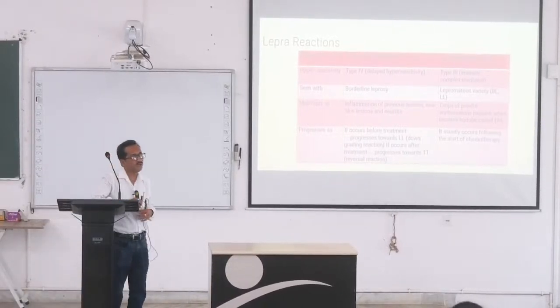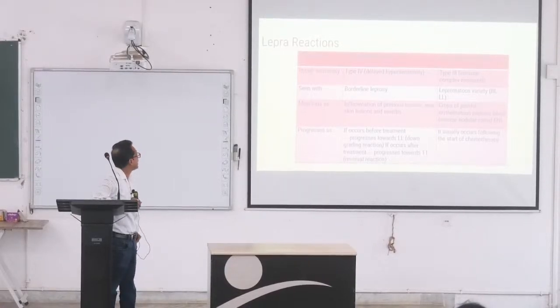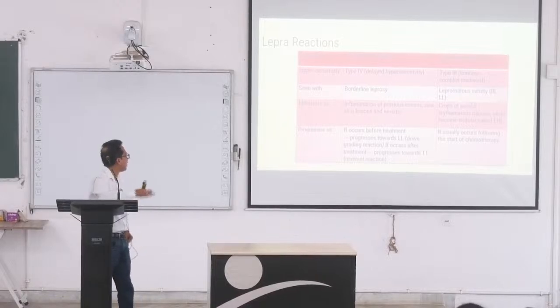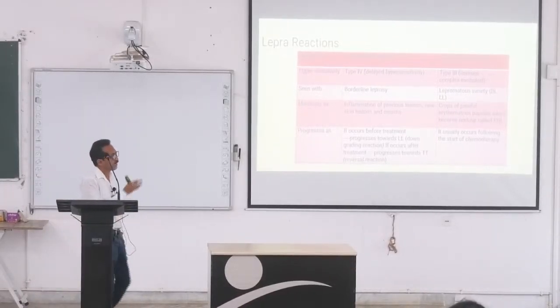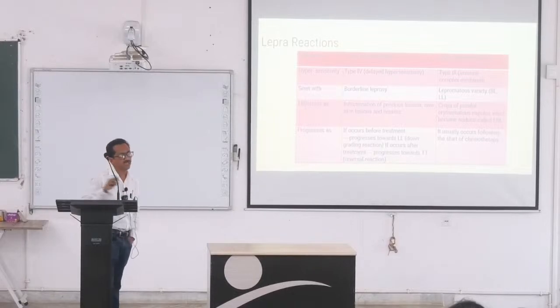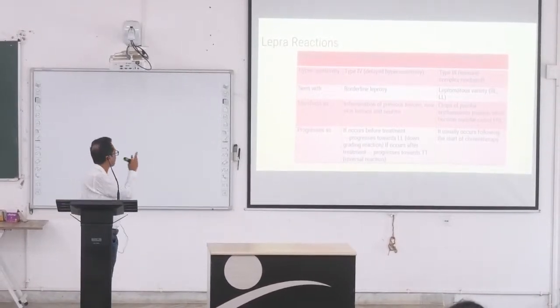The Mantoux test we did in tuberculosis is also type 4 delayed hypersensitivity. Here lepra reaction type 1 is a type 4 delayed hypersensitivity reaction. Lepra reaction type 2 is immune complex mediated, or type 3 reaction.